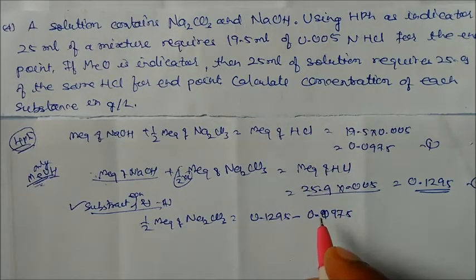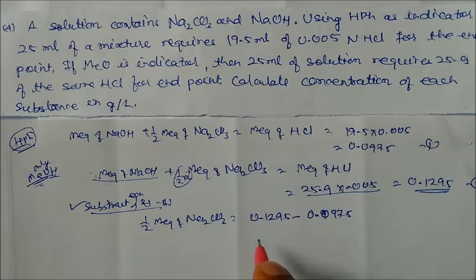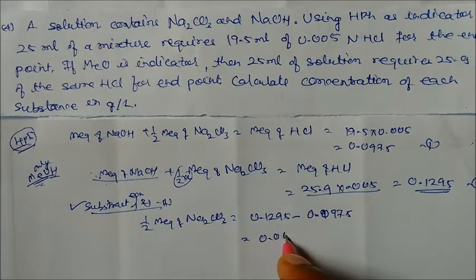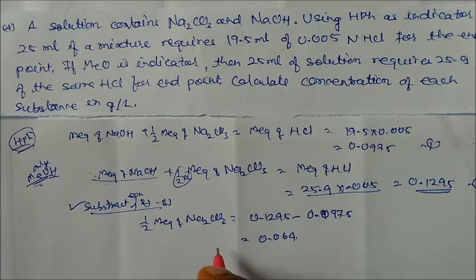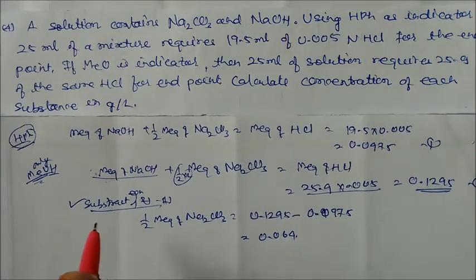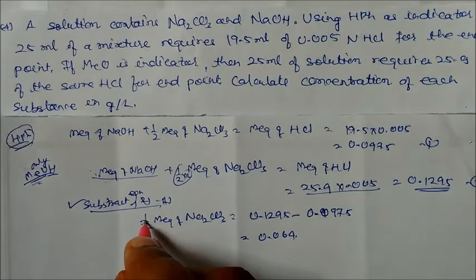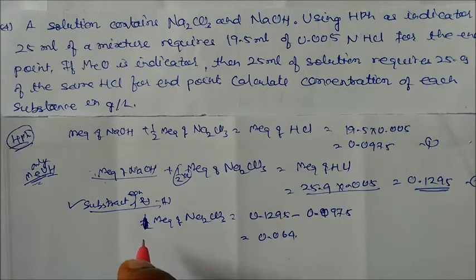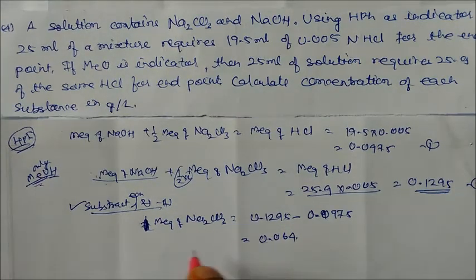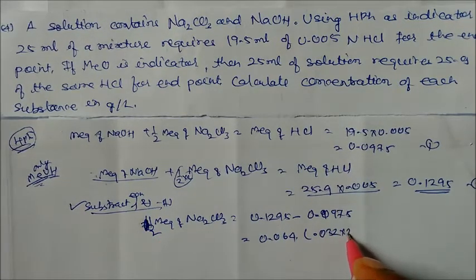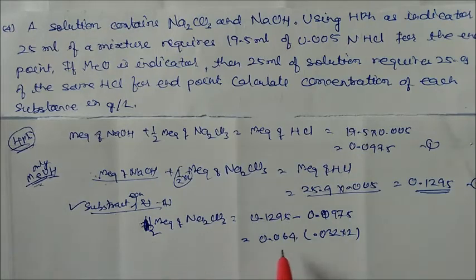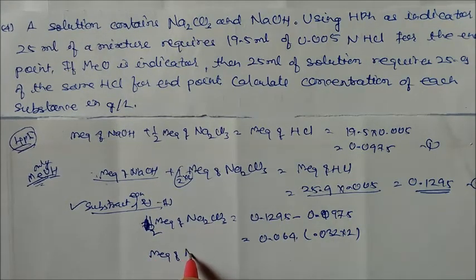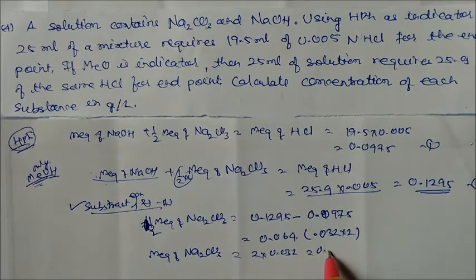If you subtract this, we get the answer 0.064. Okay, so we don't need to write half, this will be your milli equivalent of sodium carbonate. Oh no, this will be half only. So you can write here 0.032 into 2. So the milli equivalent of sodium carbonate is 2 into 0.032, that is 0.064.